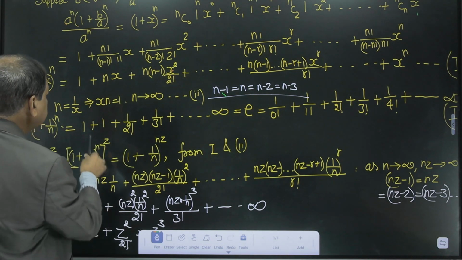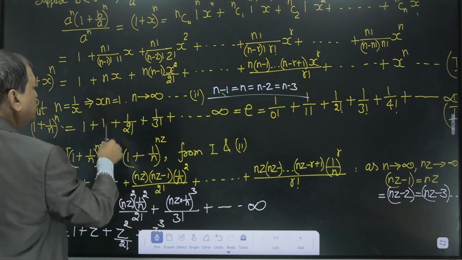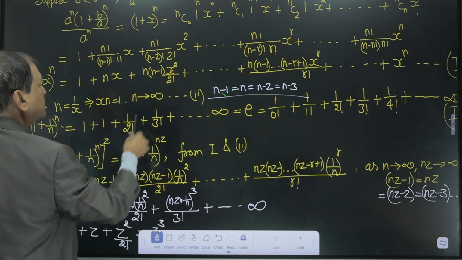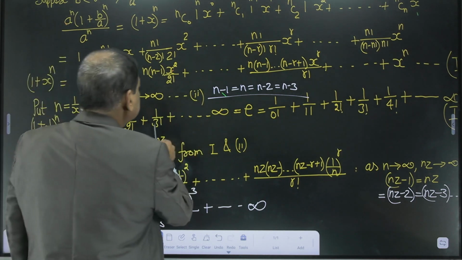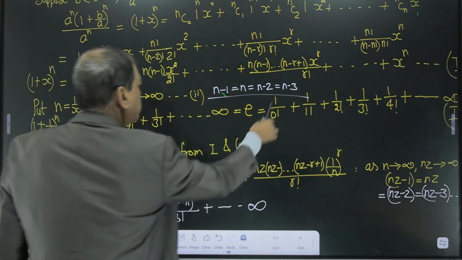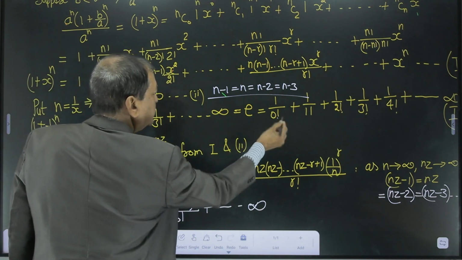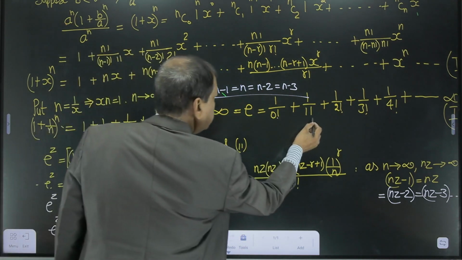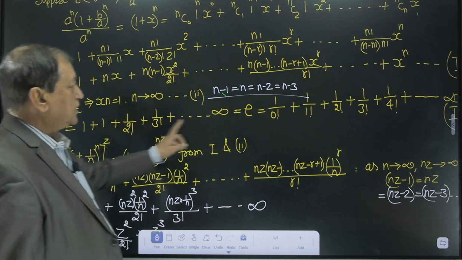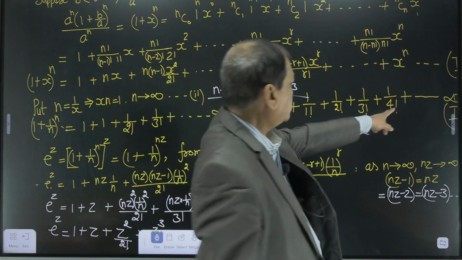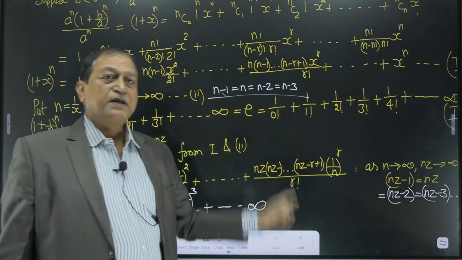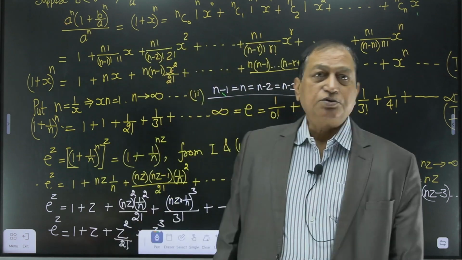So the series becomes 1 plus 1 plus 1 by 2 factorial, similarly 1 by 3 factorial, up to infinity. You can write 1 as 1 by 0 factorial, and this as 1 by 1 factorial. So 0 factorial, 1 factorial, 2 factorial, 3 factorial, up to infinity. That is how we define e. So this is your second series given in the NCERT books.